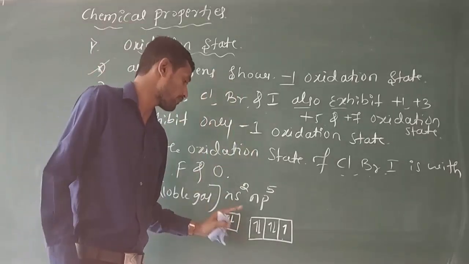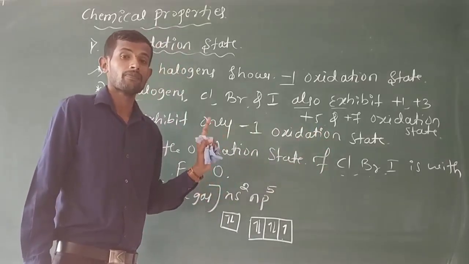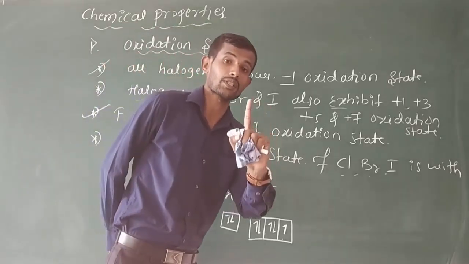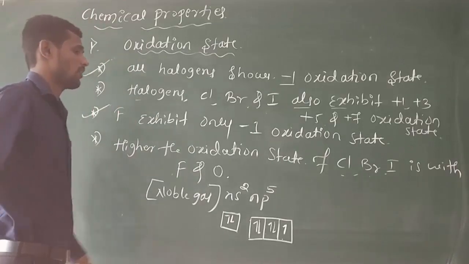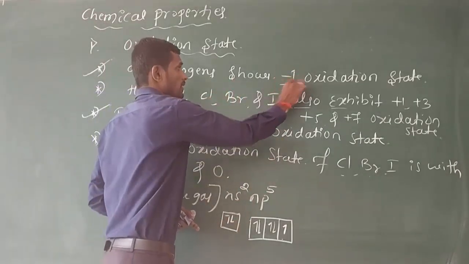Remember students, fluorine is one of the most electronegative elements, therefore its oxidation state is only -1. Okay. Similarly, all halogens show -1 oxidation state.